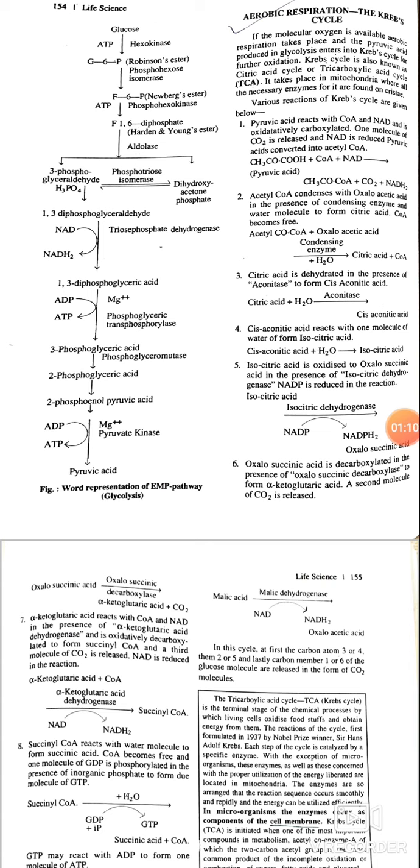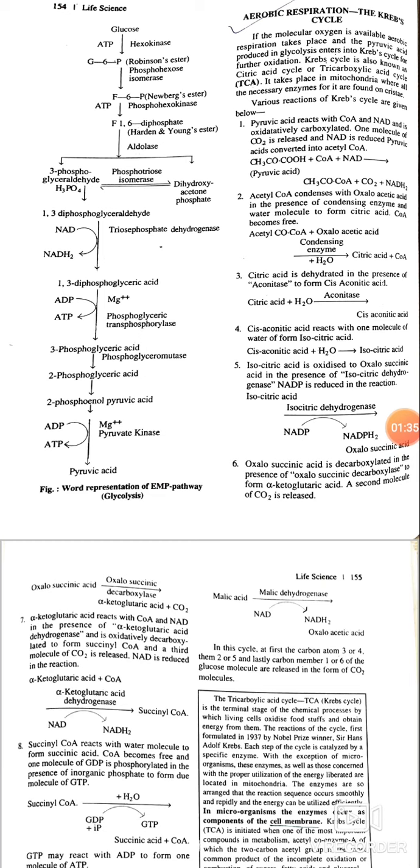Various reactions of the Krebs cycle are given below. First, pyruvic acid reacts with coenzyme A and NAD+ and is oxidatively decarboxylated. One molecule of CO2 is released and NAD is reduced.